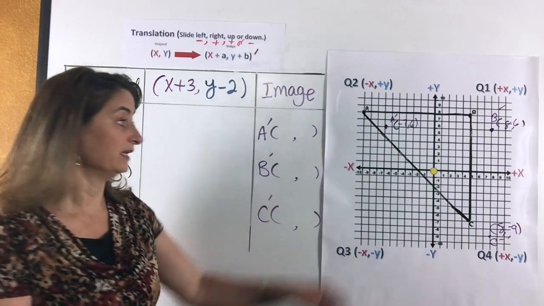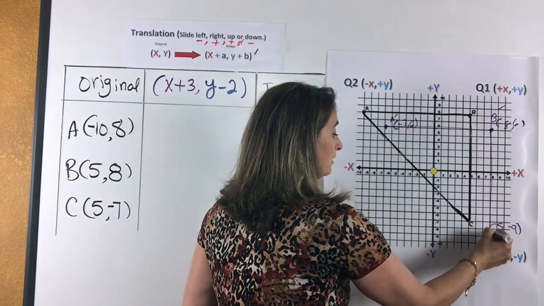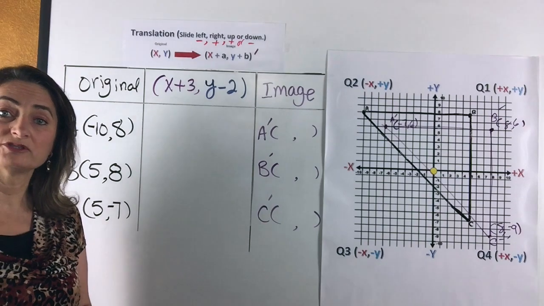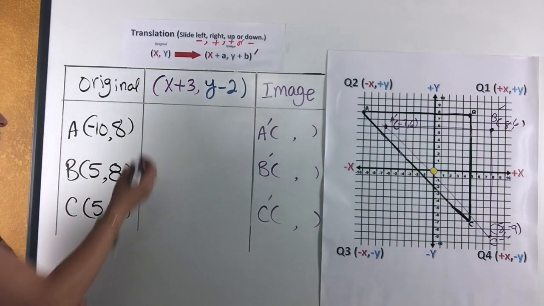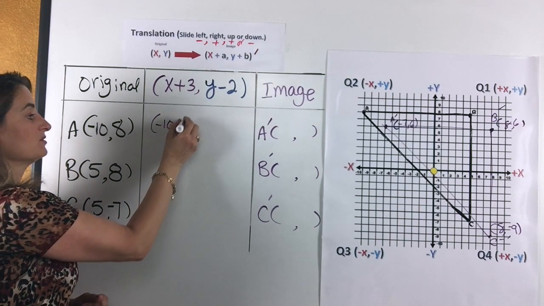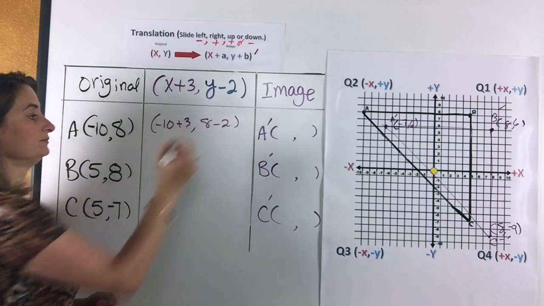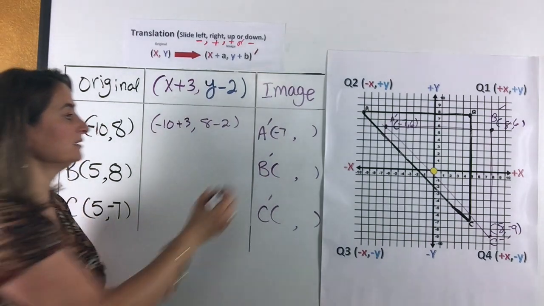Now let's see, following the rules, would it give me the same results? Because you can count spaces. Here's the new triangle. This is your new triangle or the image after the translation. Now let's use the rule x plus 3 and y minus 2. Substitute x with -10 plus 3, and the y is 8 minus 2. -10 plus 3 is -7, and 8 minus 2 is 6.